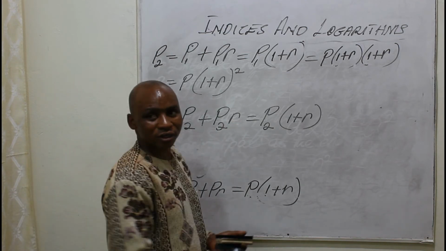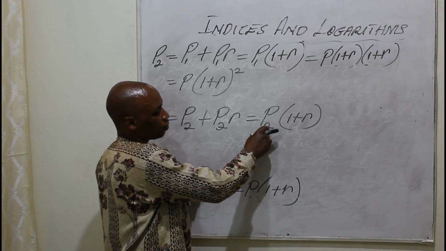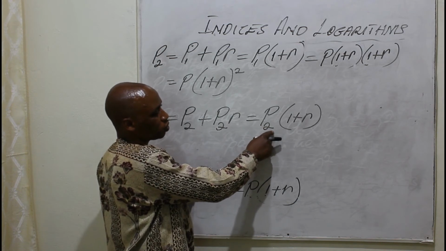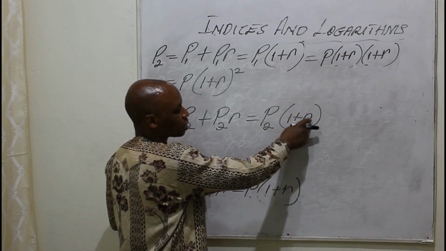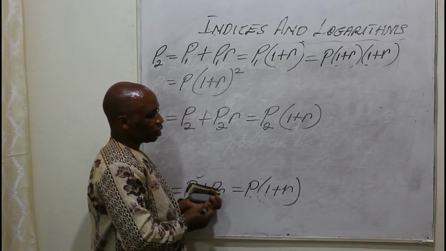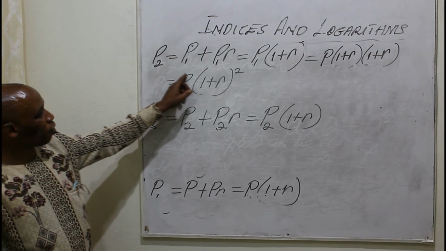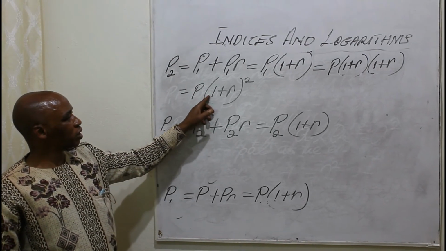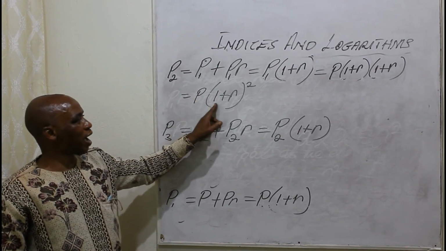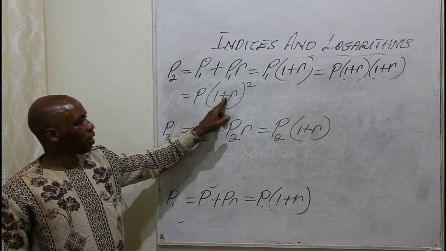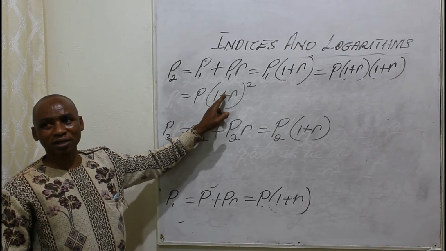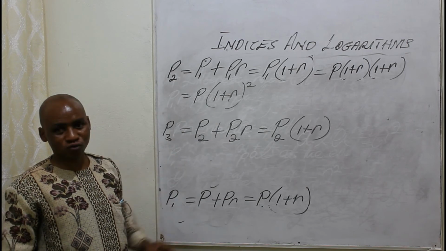And factorizing now the P2, you end up getting P2 bracket open 1 plus R. Then we know from above that P2 is equal to P times 1 plus R all raised to the power 2.